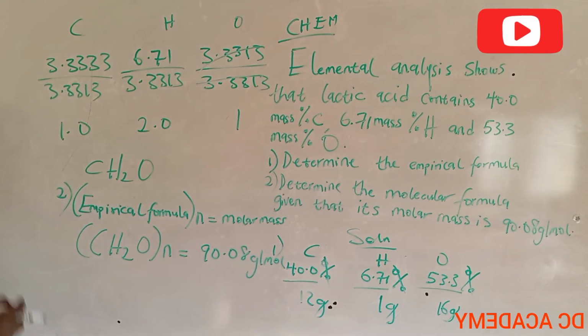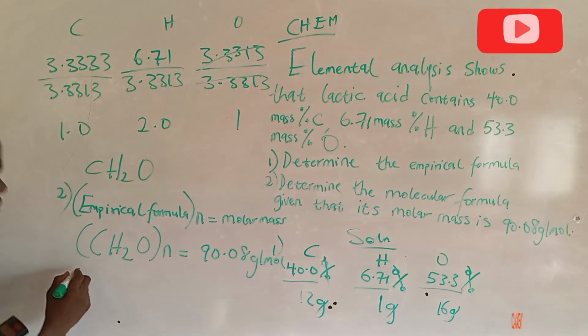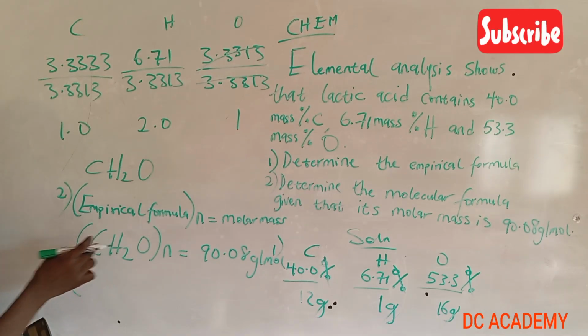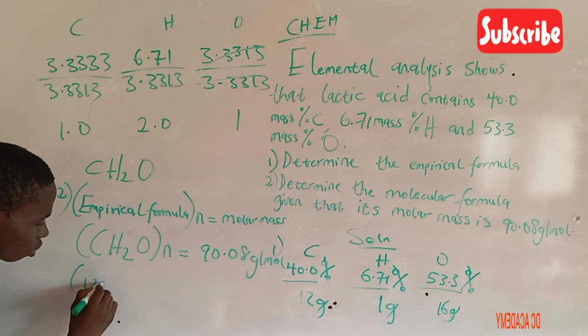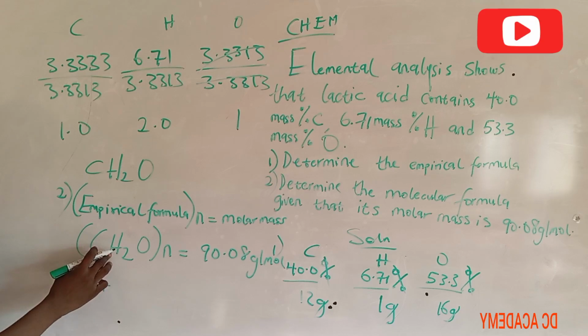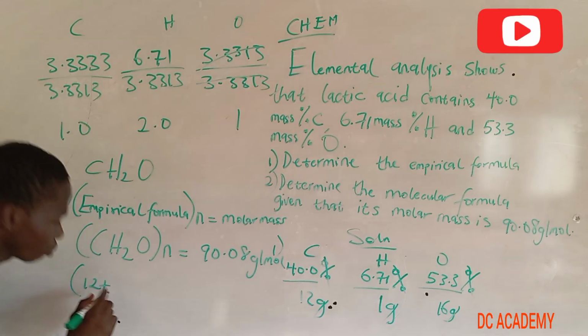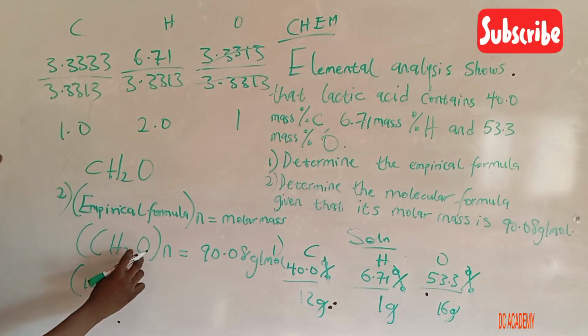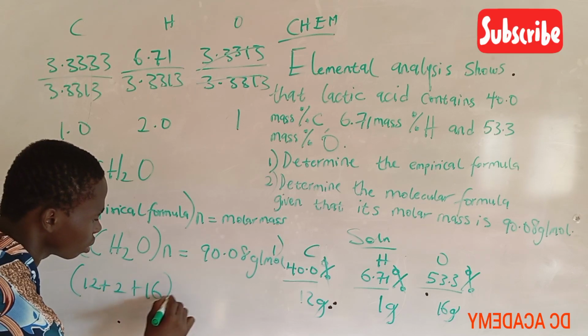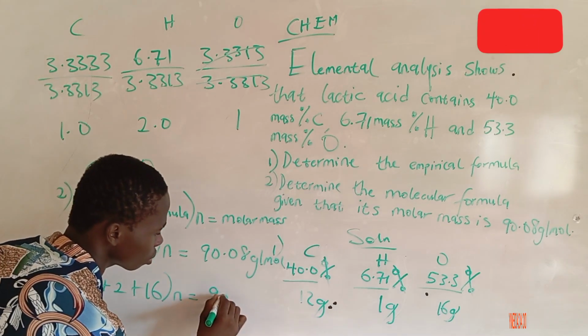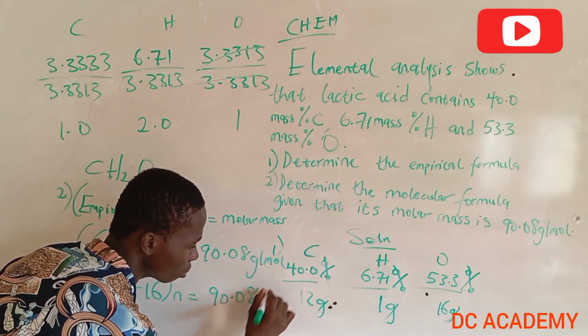Now, having this, remember, carbon is 12, plus hydrogen is 1, and 2 times 1 is 2, and oxygen is 16, and the molar mass was 90.08 gram per mole.